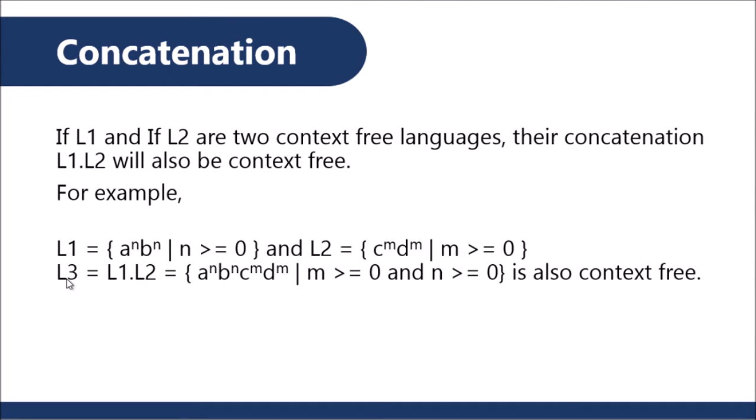Language 3 is equal to L1 dot L2, which is a^n b^n c^m d^m, where m and n are greater than or equal to 0, and is also context-free.